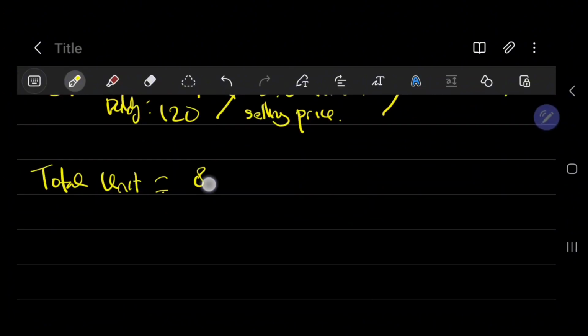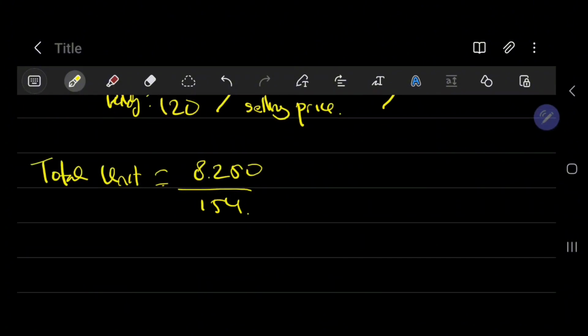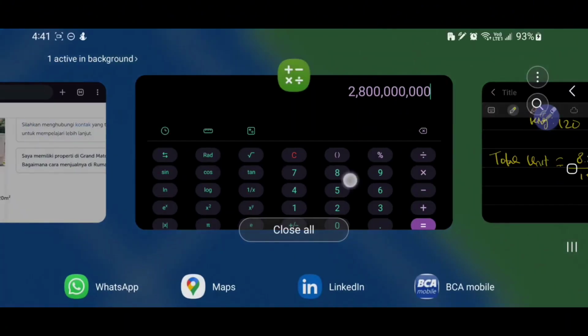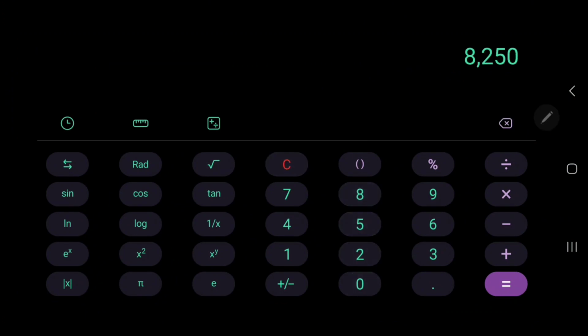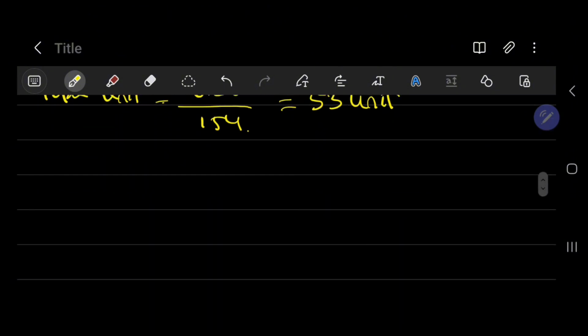Now let's calculate the total units. The total units is the sellable area divided by each land plot. So we get around 53 units. Let's just use 53 as our basic assumption. Okay, next we calculate the development cost.